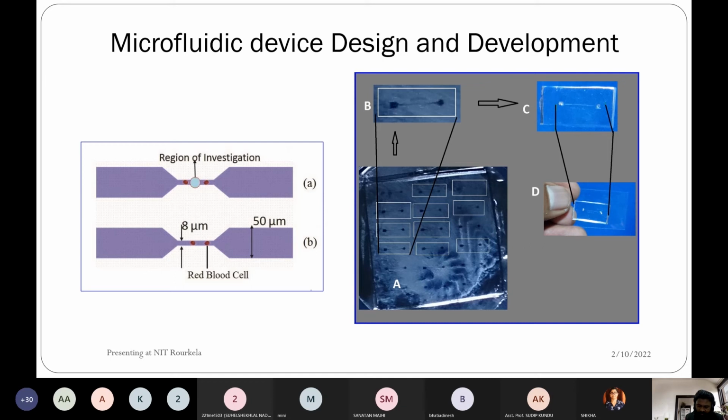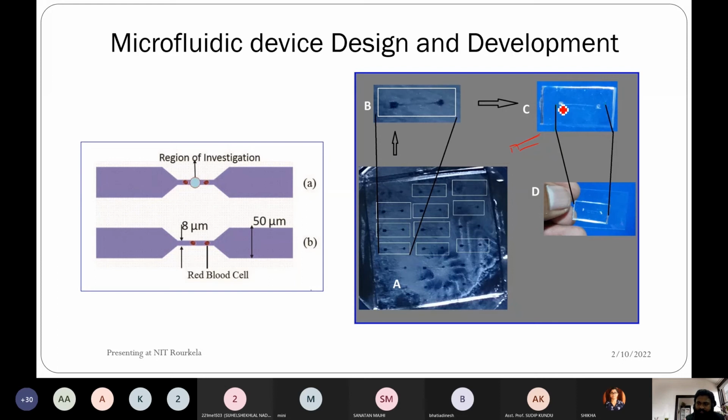The master is on a silicon wafer, and it is then replicated with the PDMS polymer, so that in the final step we get the microfluidic device like this. Initially you get this kind of device, with three sides closed and one side open.